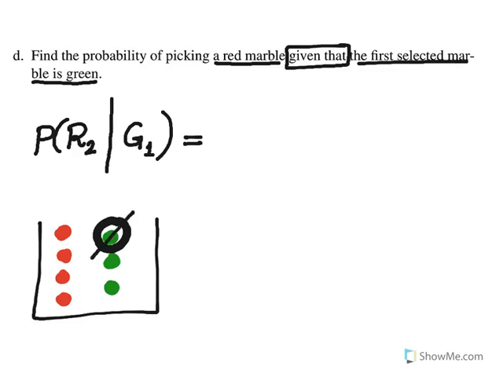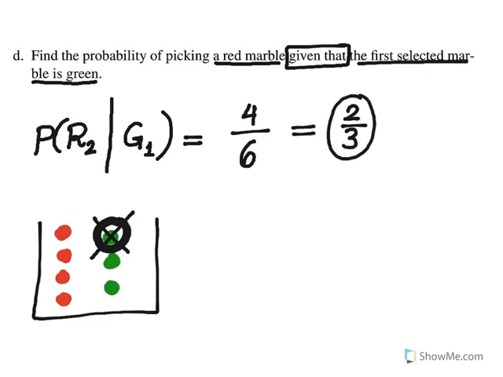So you have chosen it already. So assume that it's not there anymore. Now what's the probability that the second one you will choose will be red? This would be, how many reds do we have? 4. Out of how many balls now do we have in total? That's 6. So the probability will be 2 out of 3 for this question.